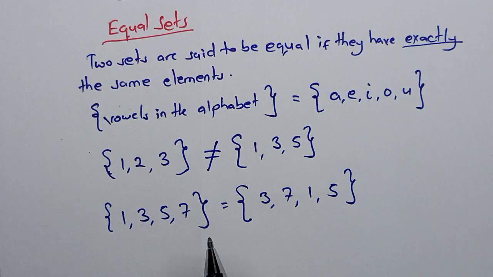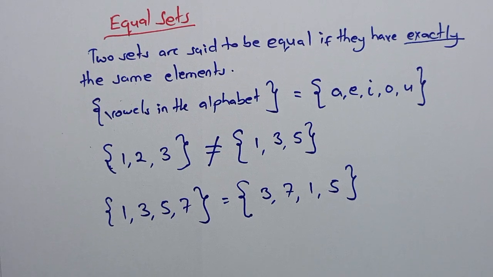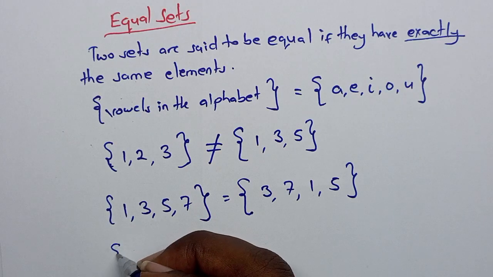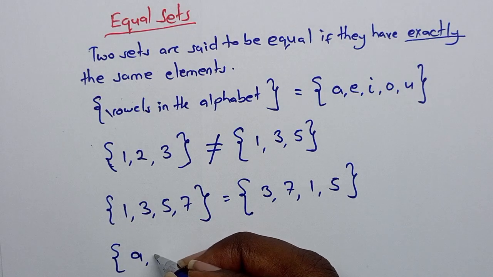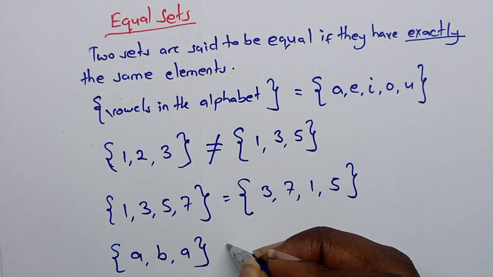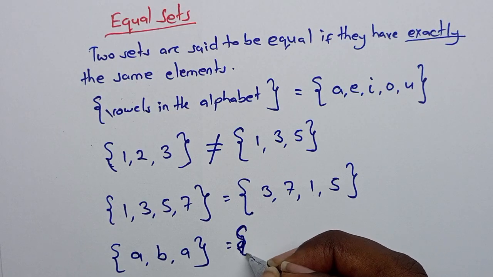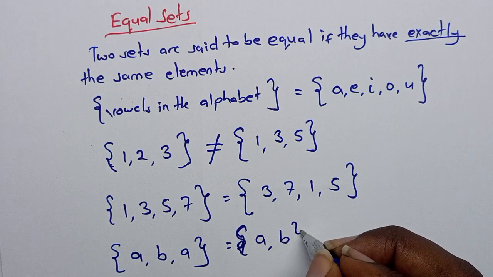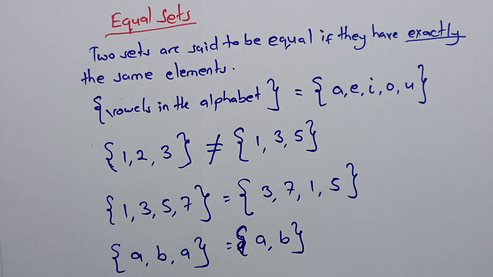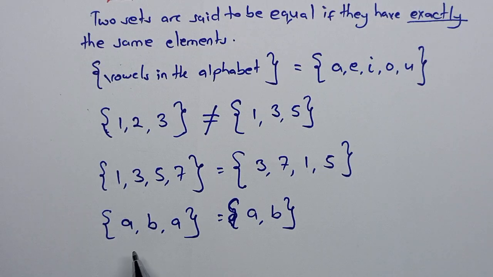It's the same. The order does not matter. Also, any repetition of an element is ignored. For example, if you have a set of A, B, A, this is the same as saying A, B. Repeating A does not really change anything. It's still a set of A and B.